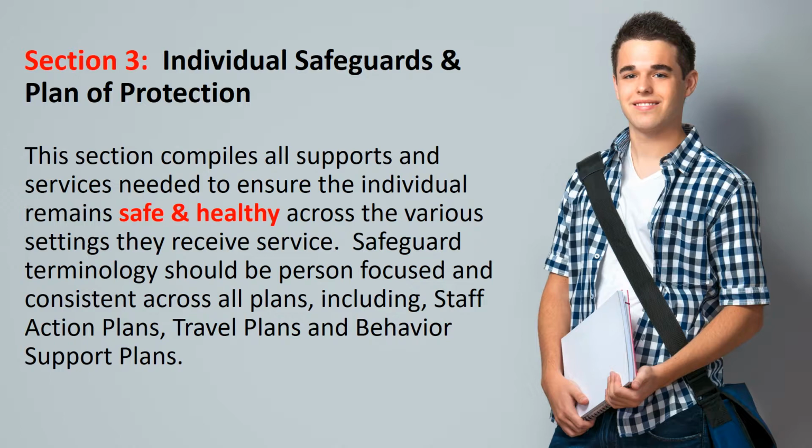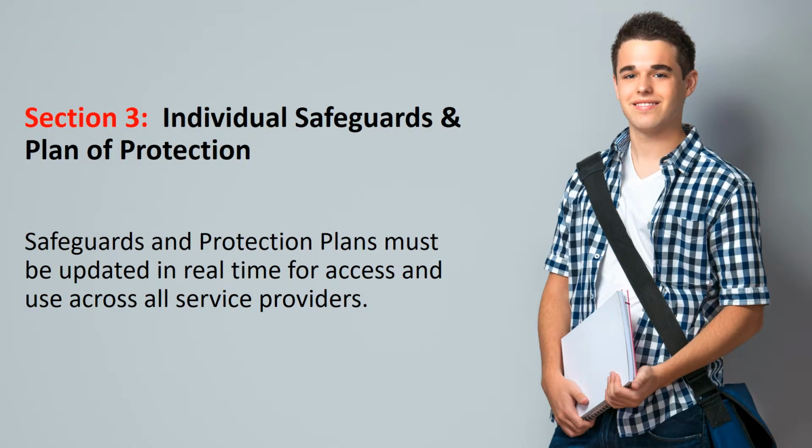Safeguard terminology should be person-focused and consistent across all plans, including staff action plans, travel plans, and behavior support plans. Safeguards and protection plans must be updated in real time for access and use across all service providers.